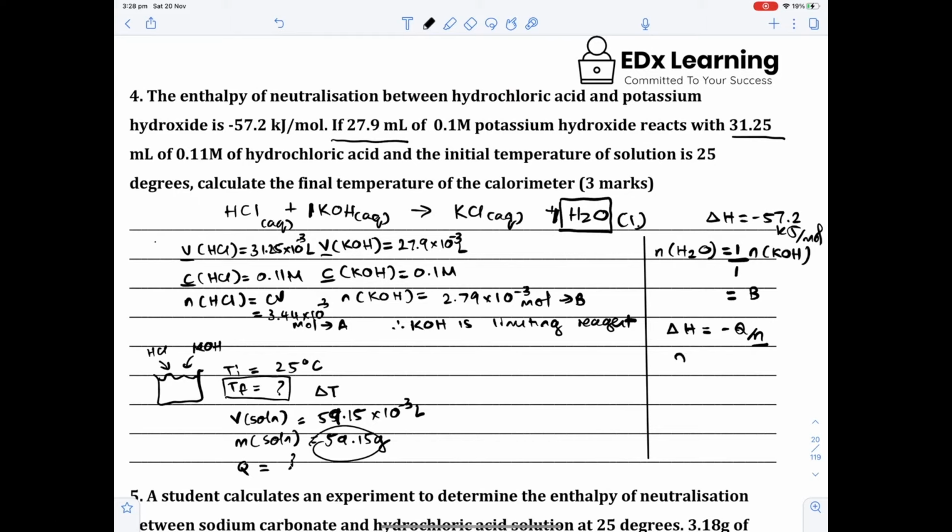Can I find Q? Q is negative triangle H times N. So that's equal to negative of negative 57.2 kilojoules per mole times B moles. What do we get?